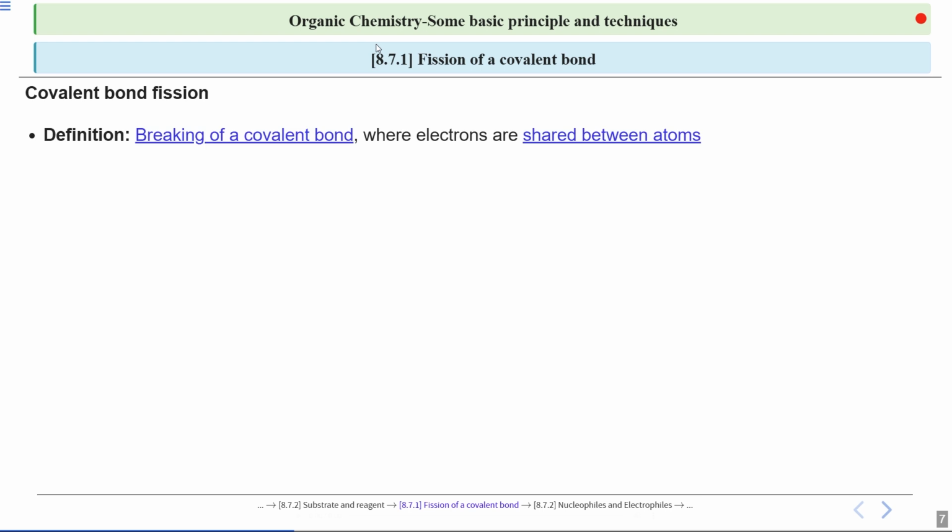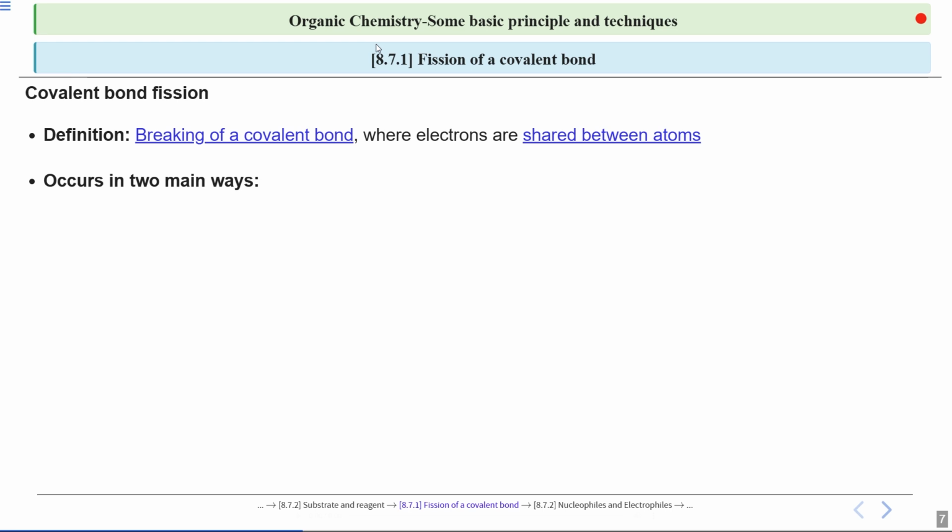If I define it simply, fission is the breaking of a covalent bond where electrons are shared between the atoms. The unsymmetrical or symmetrical pattern you will see comes from the electron distribution after the fission.